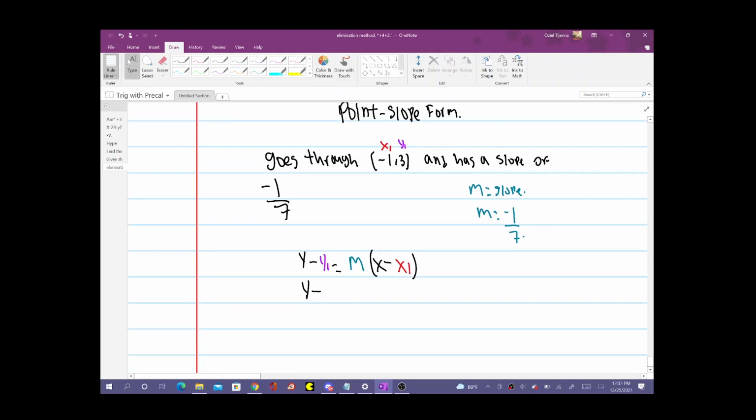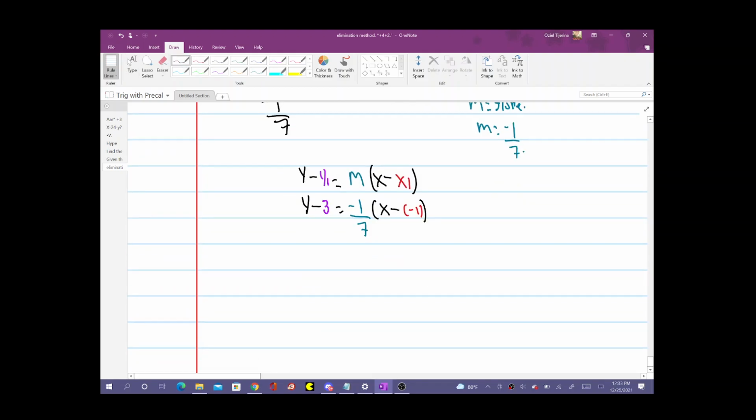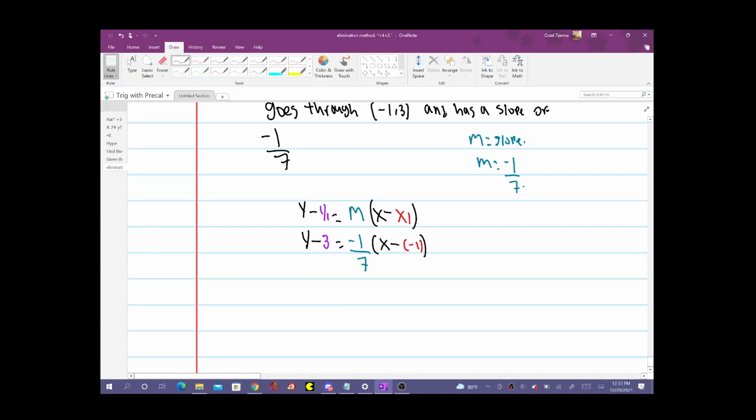If we subtract 1/7 on both sides, we get b equals 1 minus 1/7, so 21 over 7 minus 1 over 7, which is 20/7. So y equals negative 1/7 x plus 20/7. It works.